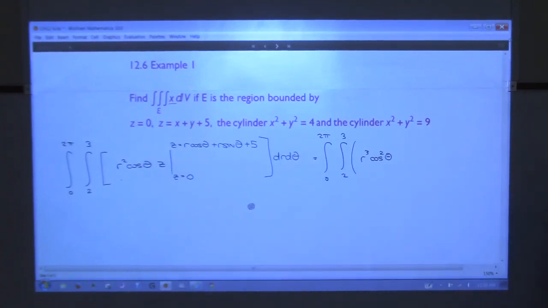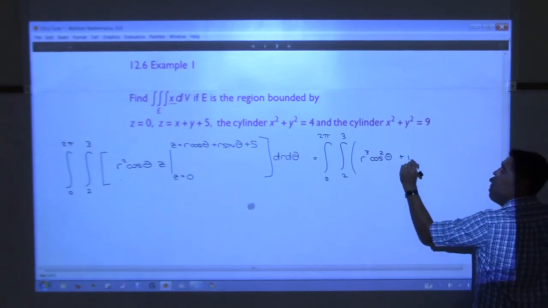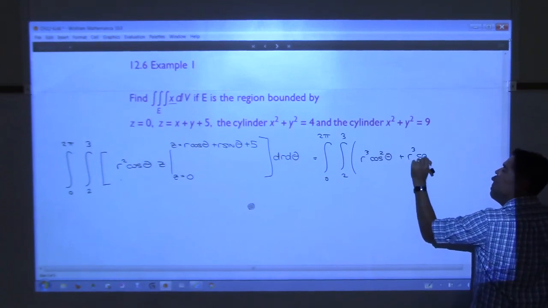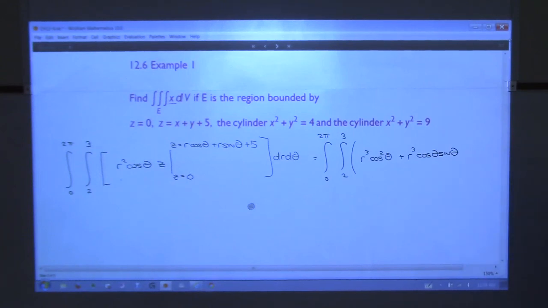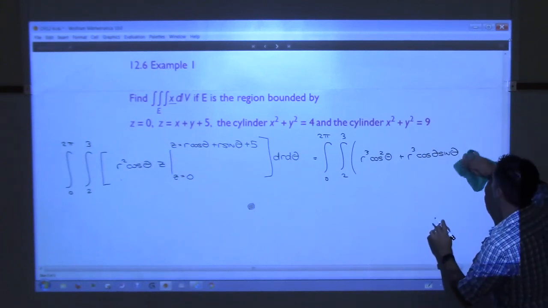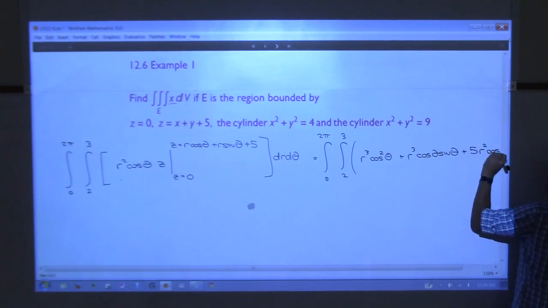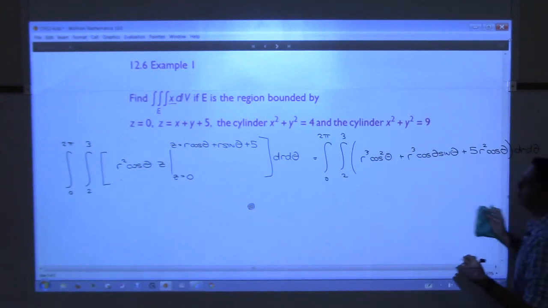And then what's the next one? Plus r cubed cosine theta sine theta. And then the last one, plus 5r squared cosine theta. And I'm integrating that with respect to r, then theta.